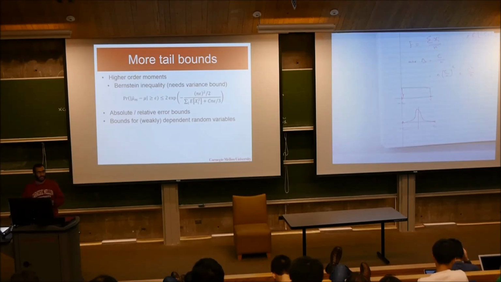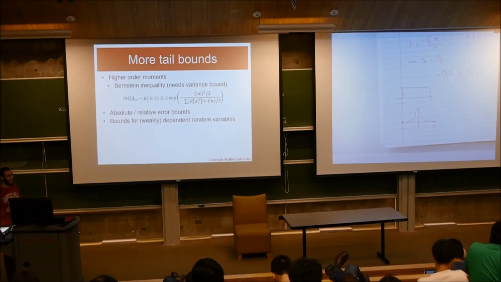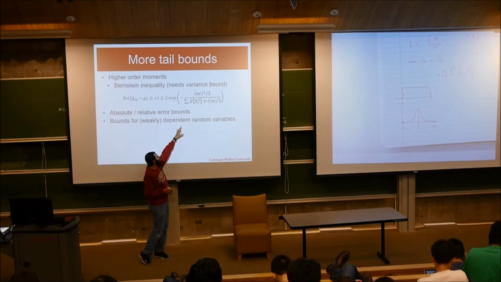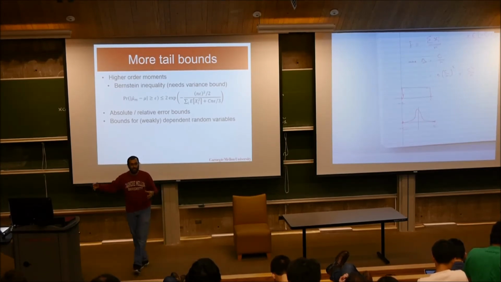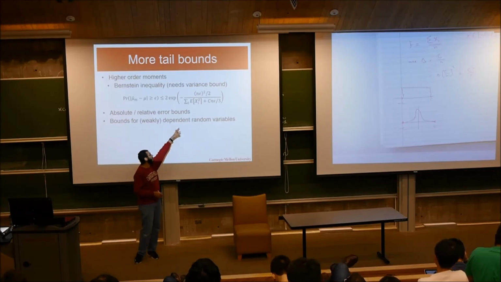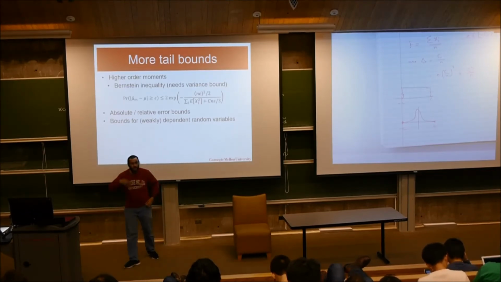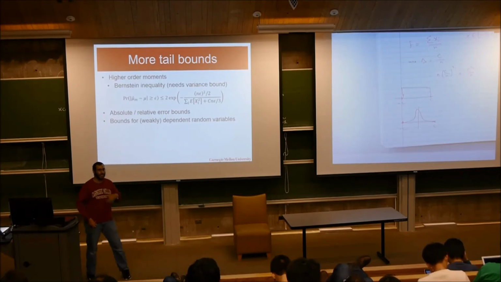Hoeffding's inequality doesn't make use of this information, but if you can bound the variance, you can expect to get better bounds. For instance, there is an inequality that tells you if you know the variance, or know an upper bound on the second moment, which is related to the variance, you can use that to get better convergence results.